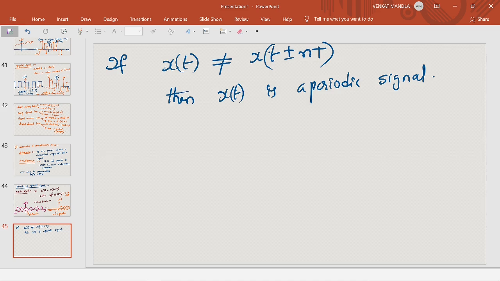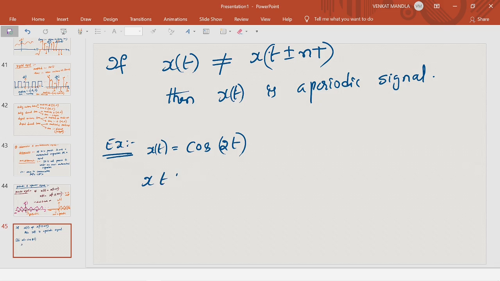I will give you some examples of periodic and aperiodic signals. First example, let us say x of t equal to cos 2t. I don't know what the period of the signal is, I will find out.